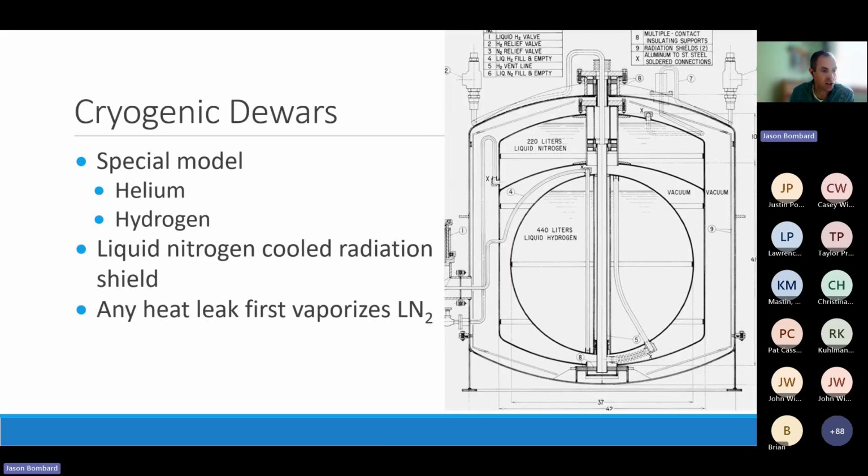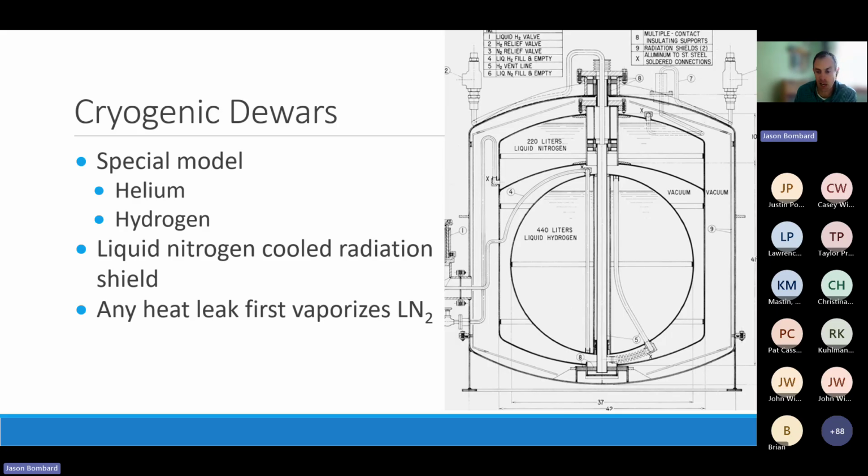There are fancy cryogenic dewars as well, typically for helium and hydrogen service, where you're reducing that radiation leak by adding a liquid nitrogen cooled radiation shield to that vessel. So there's actually a separate container that holds liquid nitrogen in these vessels, and that's cooling this shield here.